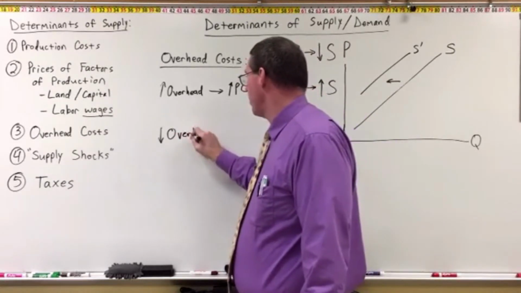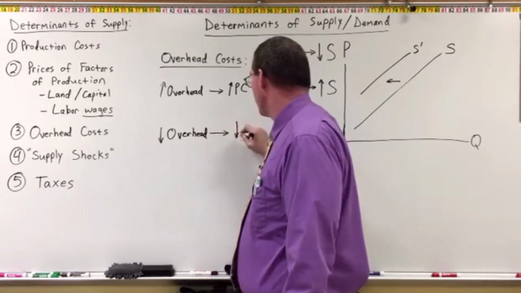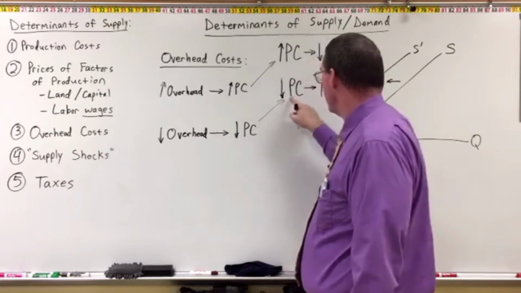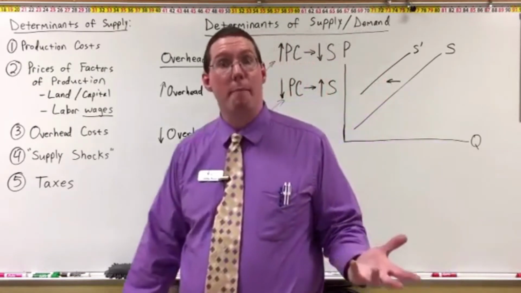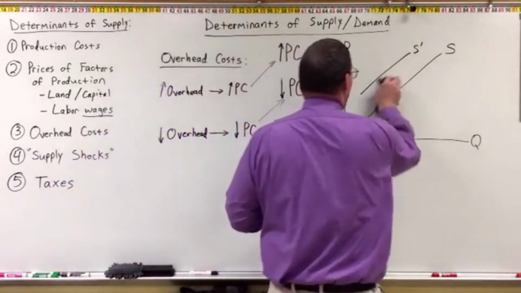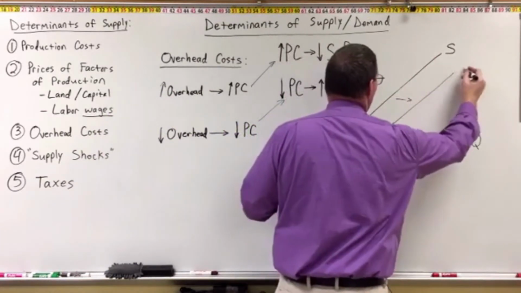And the result of that is your overhead costs are going to go down. And that results in a decrease in production costs, and a decrease in production costs means an increase in supply. So now you can put that money towards making more stuff. And an increase in supply means a rightward shift of the supply curve.